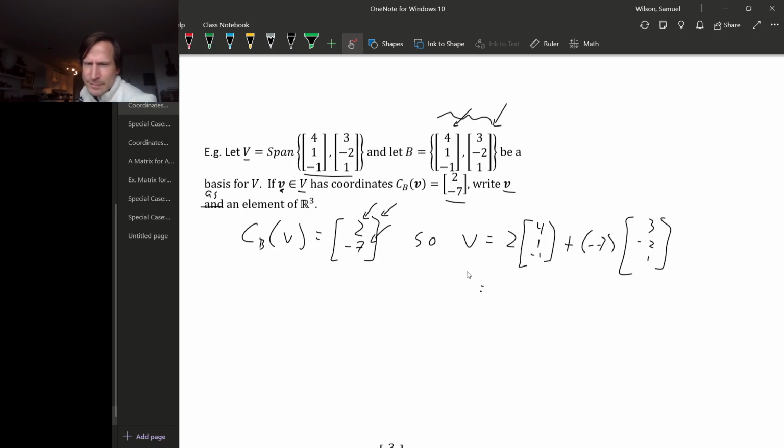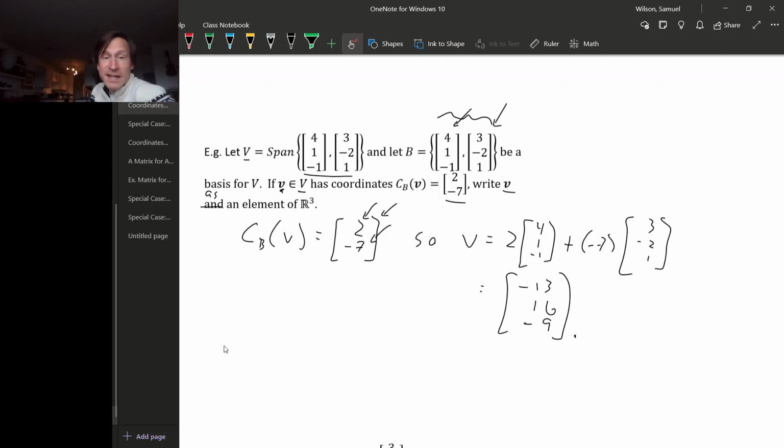So now it's just some arithmetic. Let's see, 8 minus 21. I should have chosen easier numbers. That's negative 13, and then 2 plus 14 is 16, and then minus 2 minus 7 is minus 9.